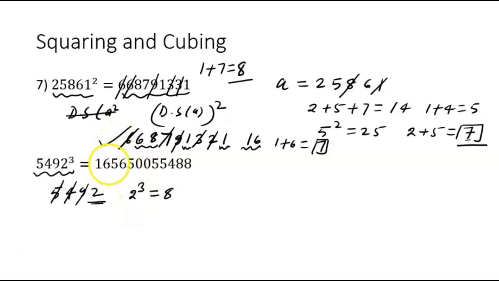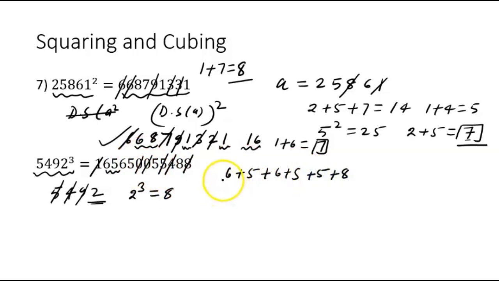On the right hand side, what will be the digit sum? Let us calculate it. Big number, so be careful. This 5 and 4 is cancelled. This 8 and this 1 is cancelled. Now you can see 6 plus 5 is 11. Let me write 6 plus 5, again 6 plus 5. Then 0 0 will not contribute anything, and then 5 plus 8, then 5 plus 8.